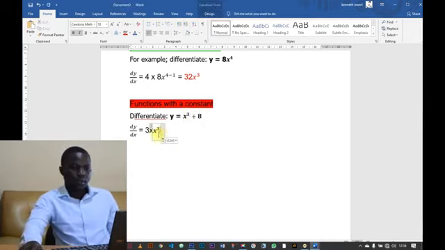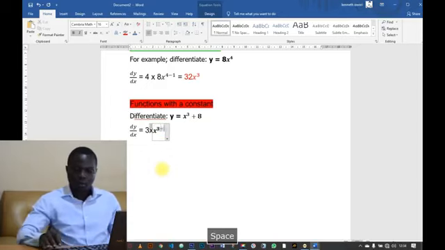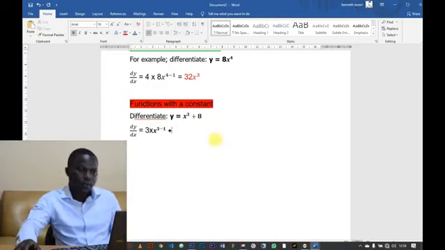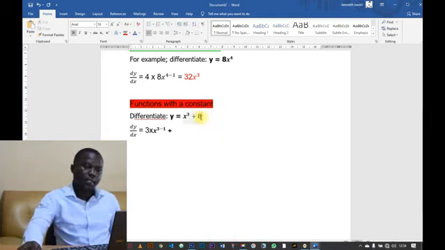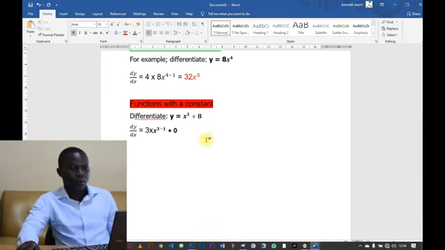As we said, multiply the expression by the power and then reduce the power by 1. Then plus, if we differentiate 8, we get a 0.